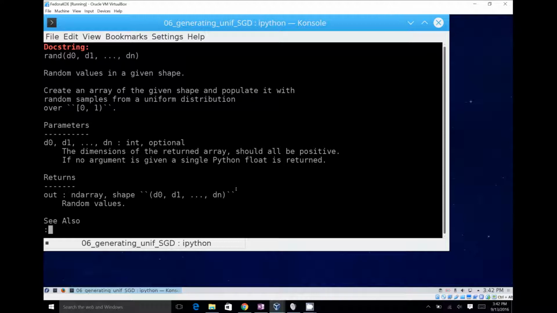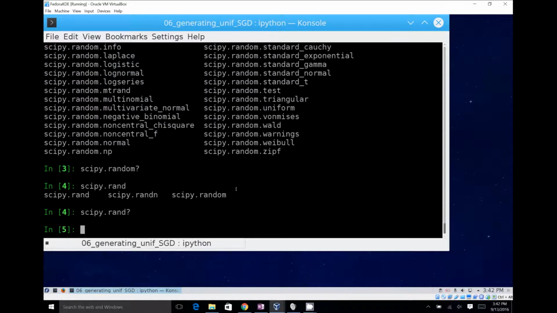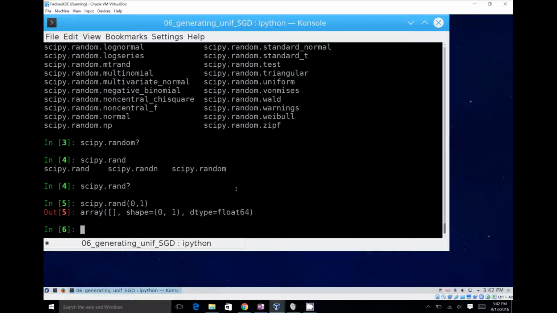So anybody? So I want 1,000 random points on the 2D square that we just saw by using this function. Okay, so you're saying rand, and what do you want to pass in? You want to pass in 0 and 1.